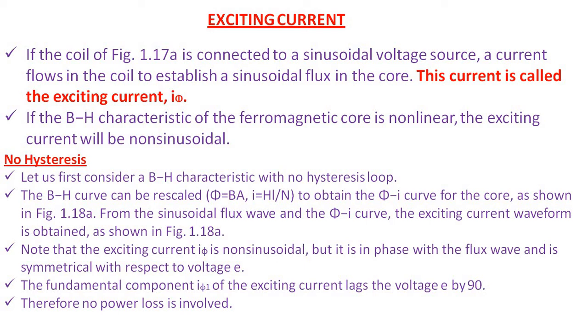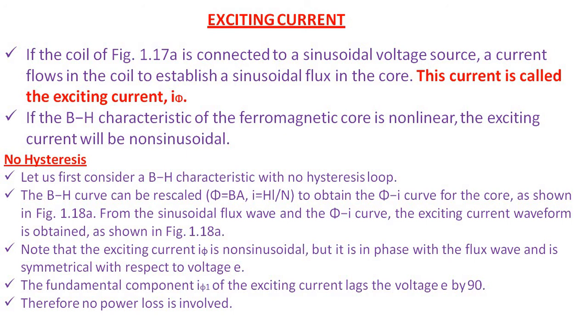No hysteresis. Let us first consider the B-H characteristic with no hysteresis loop. The B-H curve can be rescaled by phi equal to B into A, and I equal to H L divided by N, to obtain the phi-I curve for the core as shown in the figure. From the sinusoidal flux waveform and the phi-I curve, the exciting current waveform is obtained.